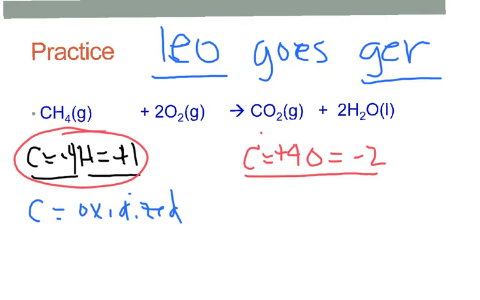Let's look at oxygen here. This is molecular oxygen. Remember that I said that anything that is just the element by itself has an overall oxidation number of 0. So you know that oxygen here has an oxidation number of 0. And then let's look at the oxidation number of oxygen in water.